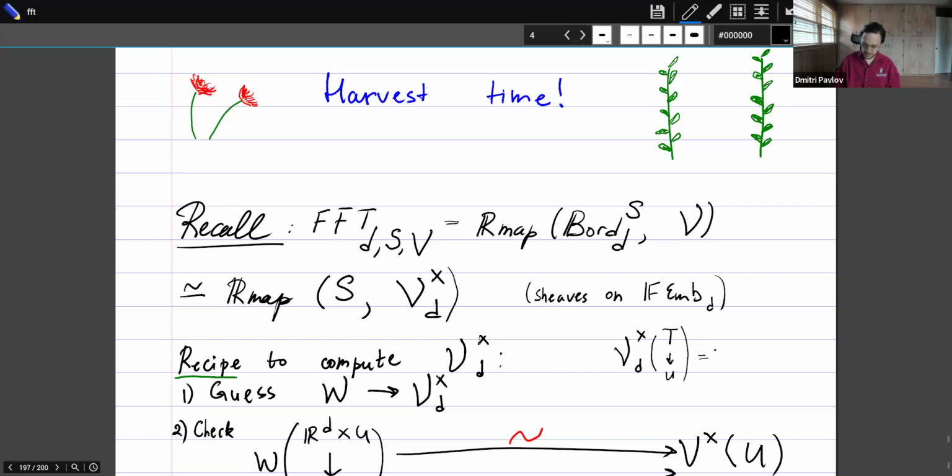This is quite literally, thanks to the fundamental property of adjoint functors, defined as the mapping space from Bord_D with the geometric structure being precisely the representable geometric structure Omega of t over u.